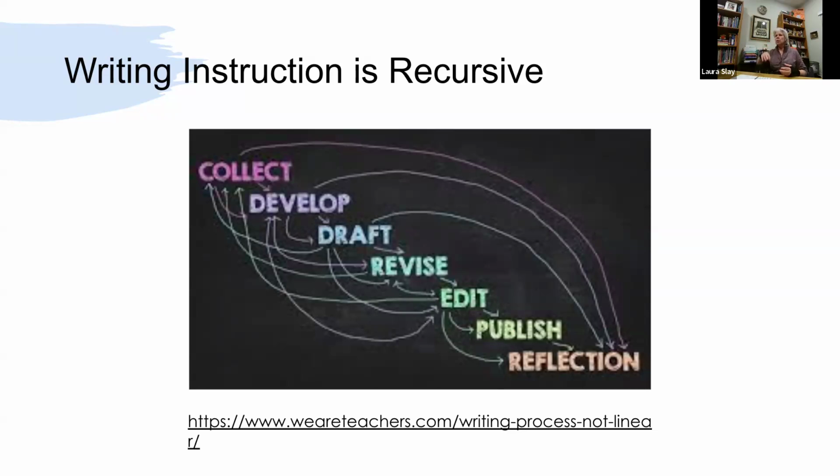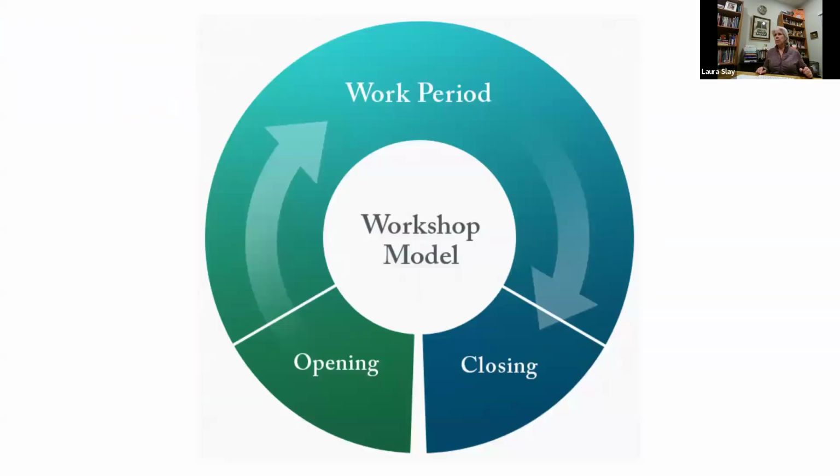Every single one of those words is a part of the stages of the writing process that we know professional writers go through, and we want to usher children through at various stages in our writing instruction, whether you use a workshop approach or you're just working on a piece-by-piece approach.